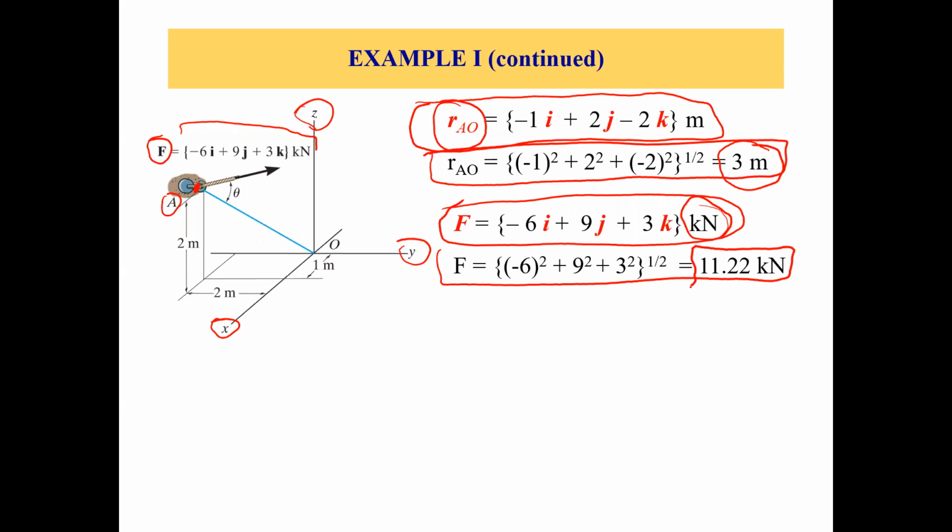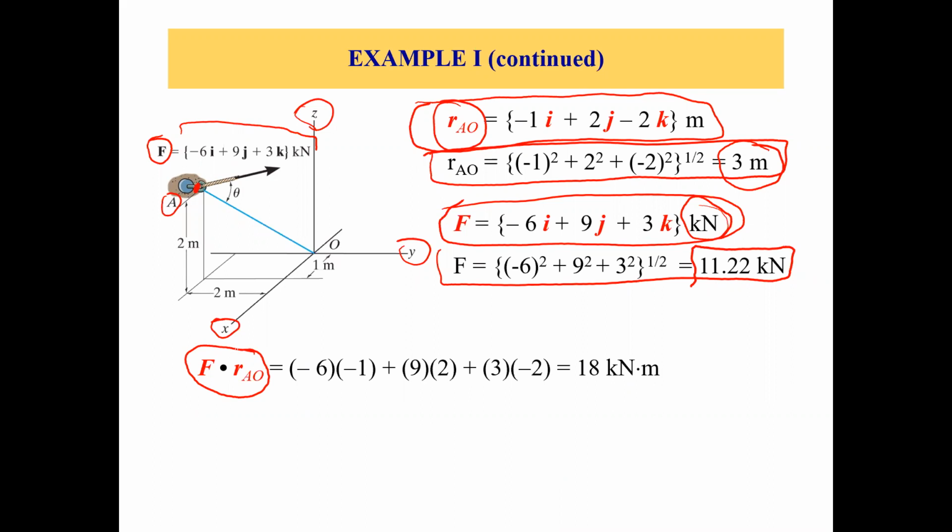Once we have this force vector and this RAO, we can find the dot product between these two vectors. So let's do a dot product between F and RAO: Fx times RAOx, Fy times RAOy, and Fz times RAOz.